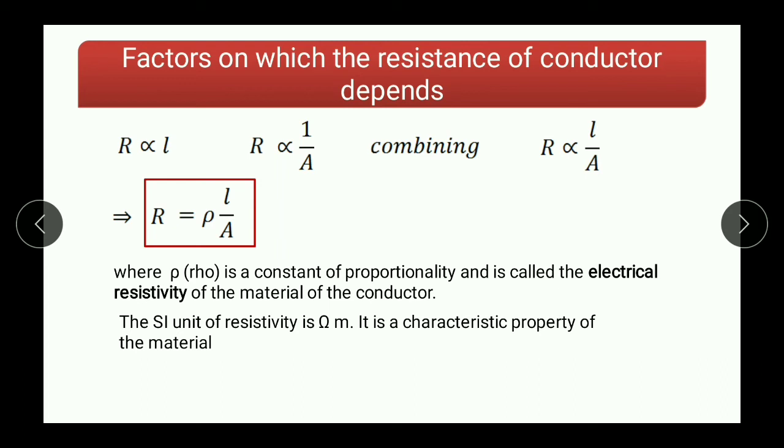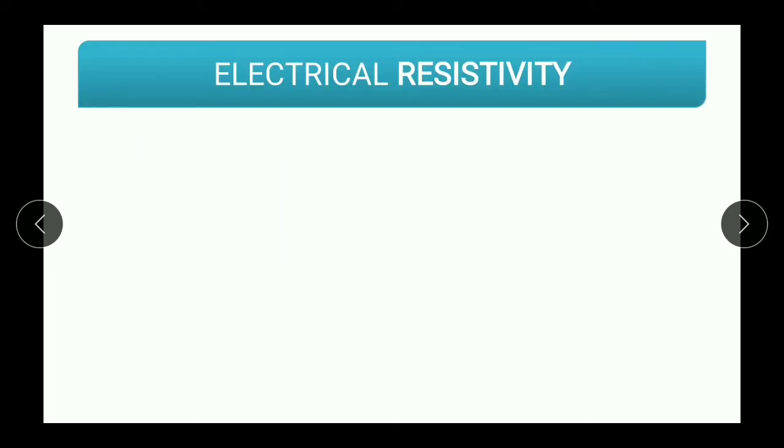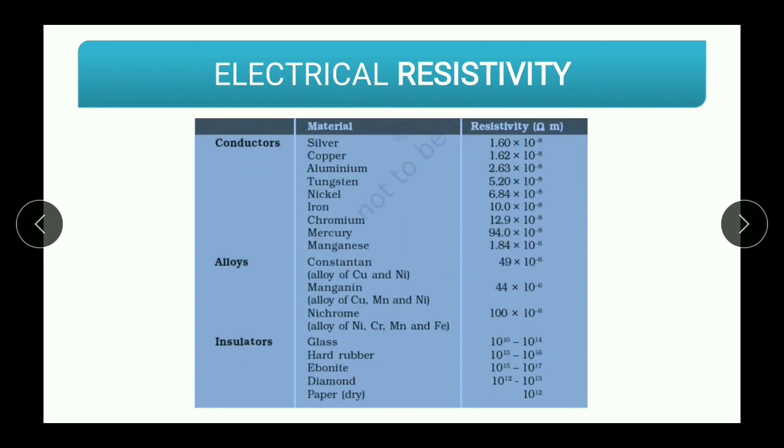Let us see a few materials with their respective electrical resistivities. So here there are various materials shown and they have also shown us the resistivity of the materials. If you see conductors starting from silver until manganese, you will see they have 1.60 into 10 raised to minus 8 resistivity.